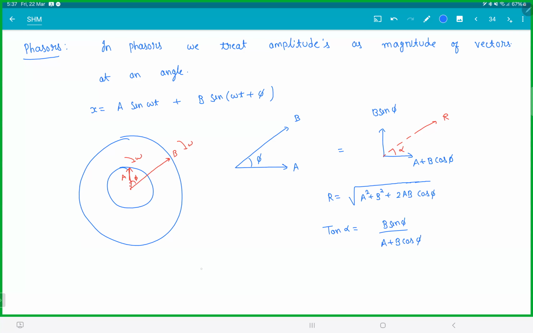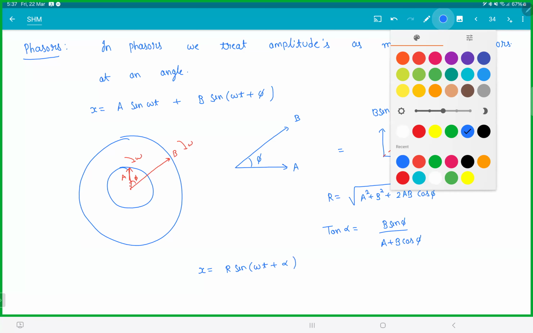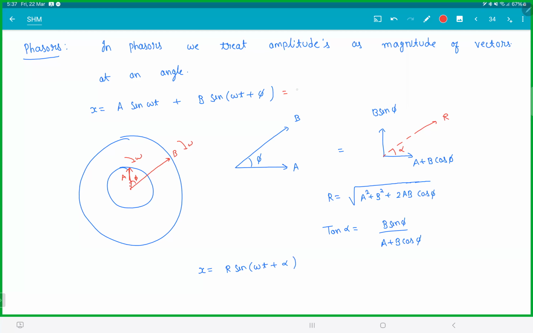So you can write this function x is equal to R sin omega t plus alpha. So this whole function becomes like this: R sin omega t plus alpha. This is a technique to convert multiple sine or cos functions into a single sine function. The only drawback of this method is it works only when omega is the same.